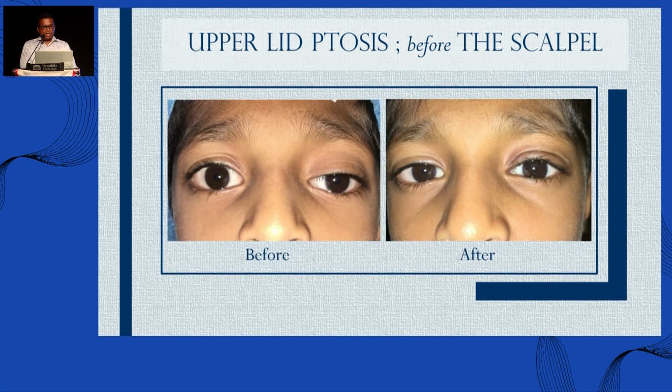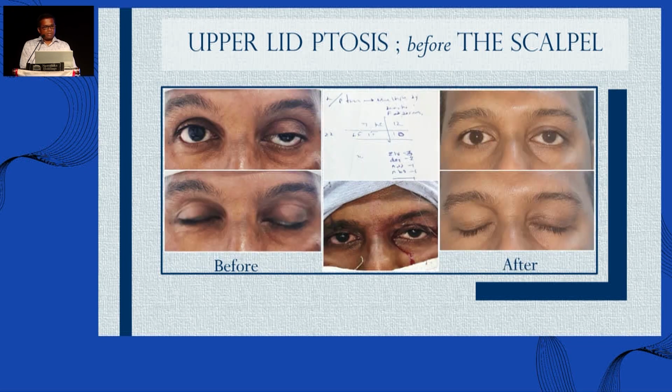So this child had normal, correct surgery on the left side with the lid margin at 1 millimeter from the limbus. But this gentleman with left eye ptosis has very poor elevation and muscles, so we had to do an undercorrection. If you see the post-op picture, there is a good improvement, but we have achieved slight undercorrection, so the lid closure is intact.